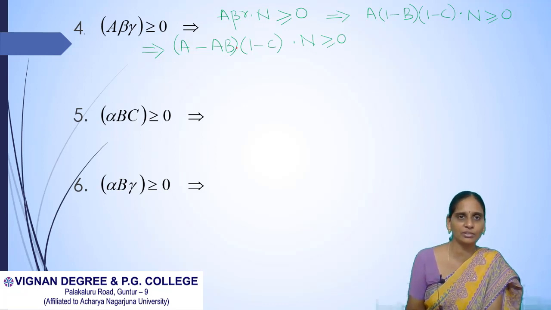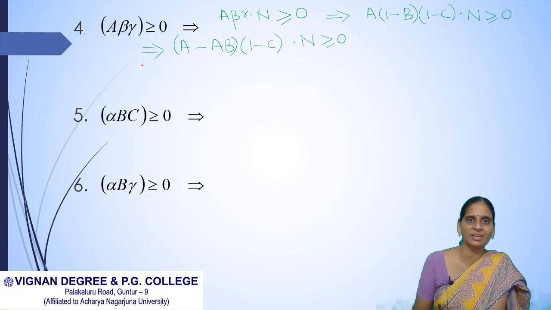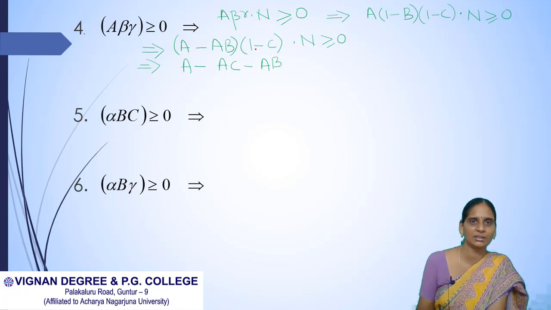Then we have to multiply in the next step A minus AB into 1 minus C. We get A minus AC minus AB, minus of minus here, plus ABC into N. So this is greater than or equal to 0.